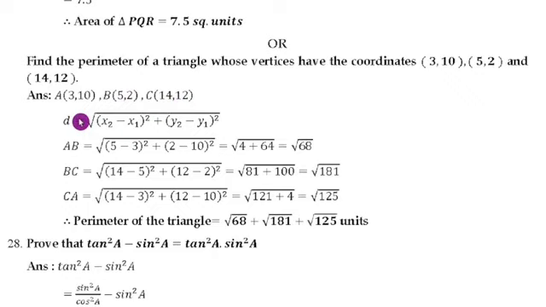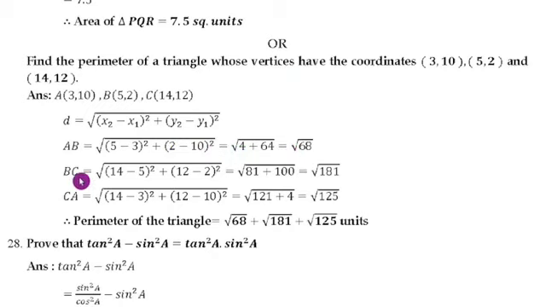So perimeter of a triangle means we should find the distance between the two coordinates. So D is equal to square root of x2 minus x1 whole square plus y2 minus y1 whole square. So substitute the values of A and B. So that means square root of 5 minus 3 whole square plus 2 minus 10 whole square. Therefore it will become root 68.